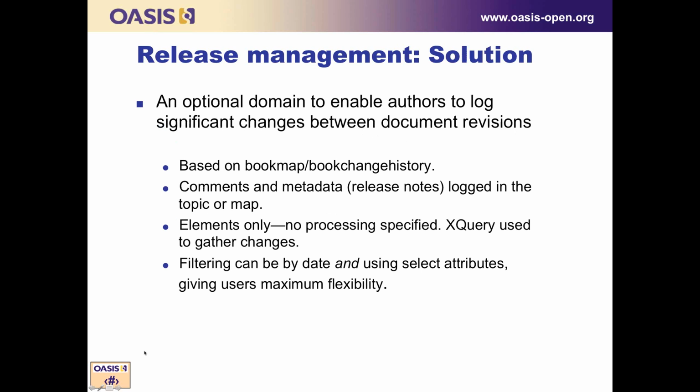This domain was based on the existing bookmap book change history domain, but simplified fairly considerably. It allows us to log the changes directly in the topic, which will be a big help, because you no longer have to procure any external document and spend the time doing the thing twice. You can record your change directly in the topic where you made the change.